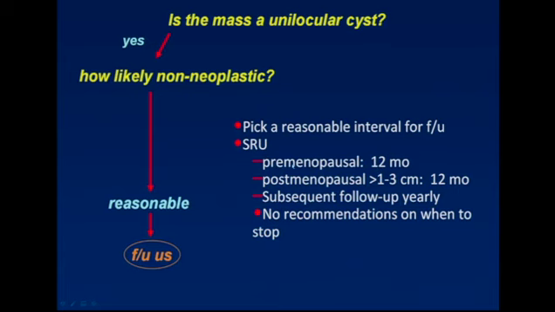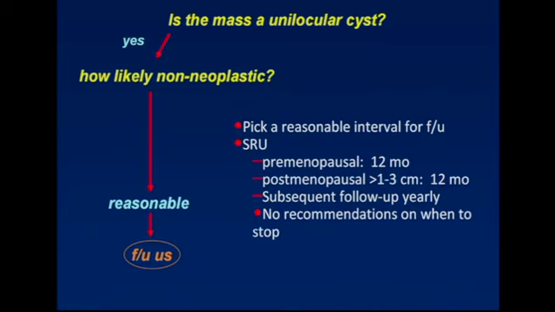Again, remember, these are asymptomatic patients. If it's a postmenopausal asymptomatic patient and it's above your threshold, which is between 1 and 3 centimeters, again, they said get a 12-month follow-up. And keep getting that 12-month follow-up until you're fairly confident that either the cyst has resolved or is resolving or isn't changing in size. There really weren't any recommendations on when to stop the follow-up.